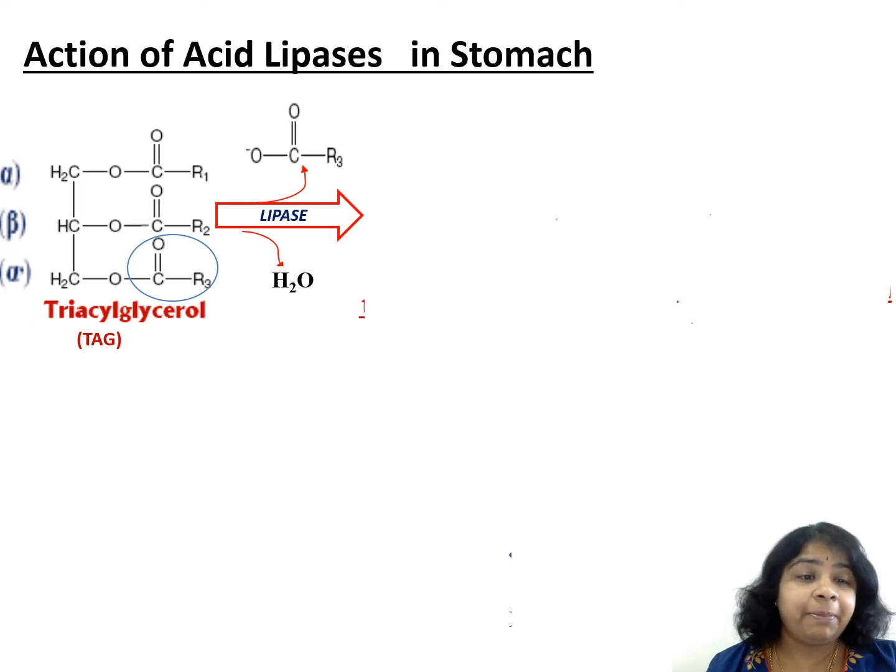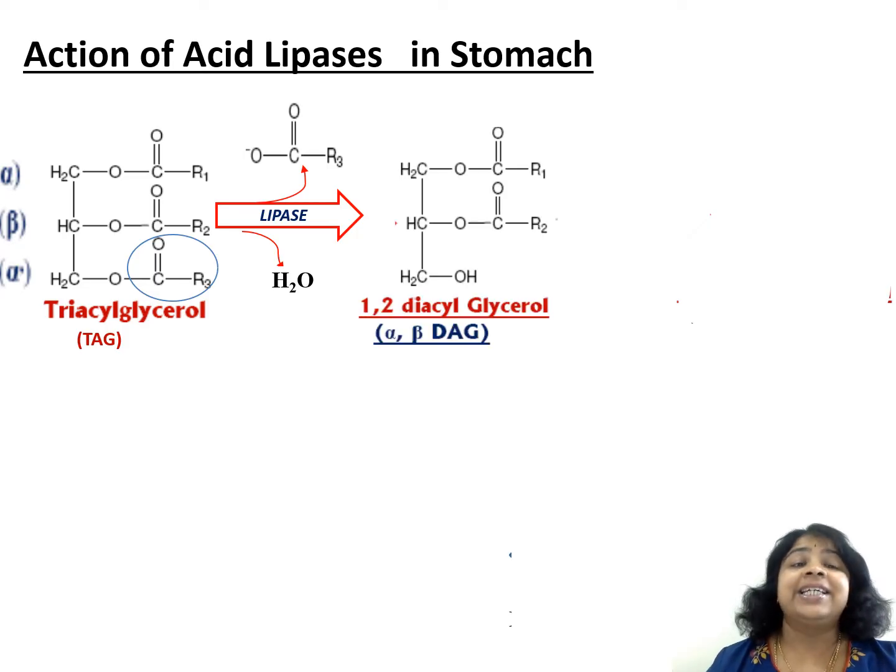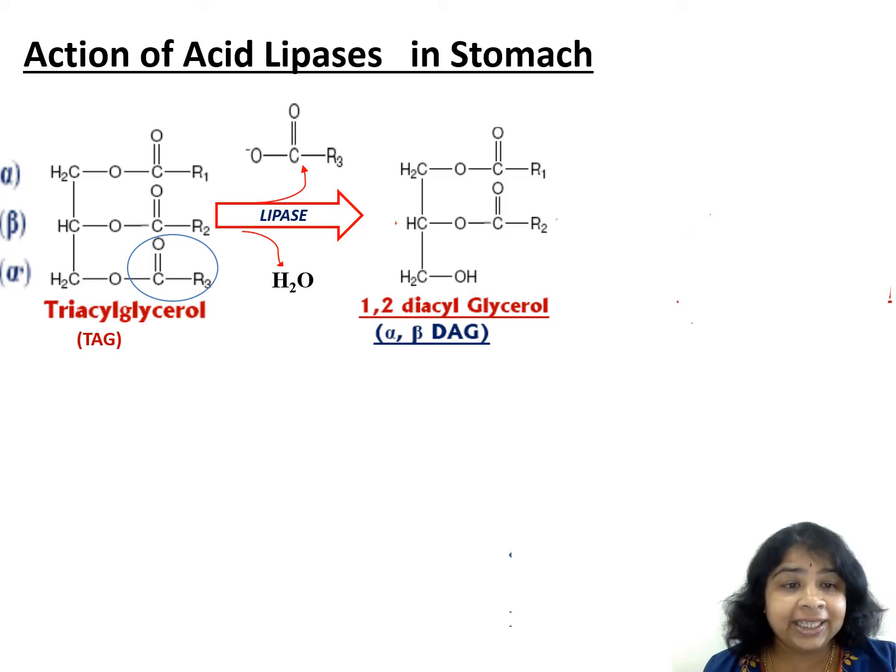Lipase is a hydrolase, requires water for its action. So on hydrolysis, one fatty acid is released, and now this glycerol molecule is left with two fatty acids. So it forms diacylglycerol or 1,2-diacylglycerol, and water and one fatty acid is released.